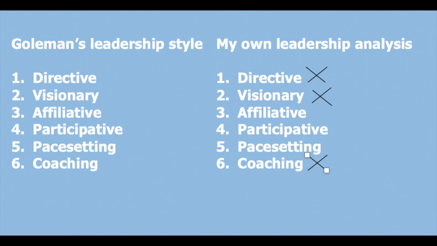I finished the work I should do, but I didn't organize the production and the task allocation, which shows I lack the directive and coaching styles. However, I have the affiliative and participative styles. I was used to asking for others' suggestions, and I kept a peaceful attitude toward all my teammates.